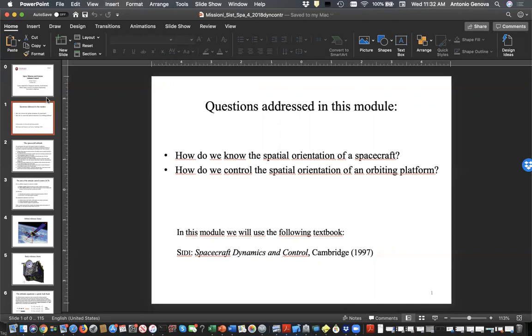In this part of the module we need to address the control theory of the spacecraft. The basic concepts that have to be known in advance are the Euler equations and the Laplace transform. So if you have any concern about these two important preliminary concepts, let me know in advance.